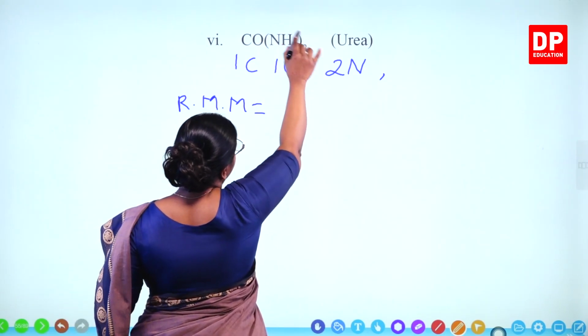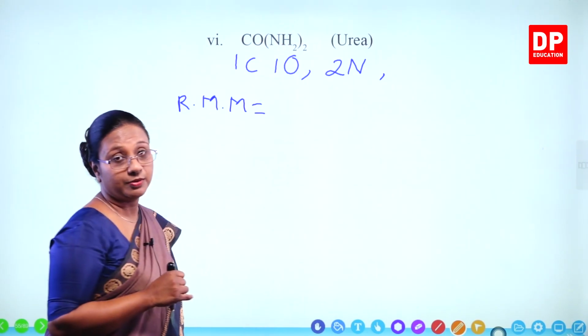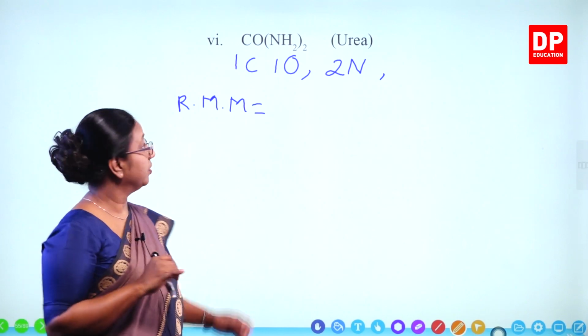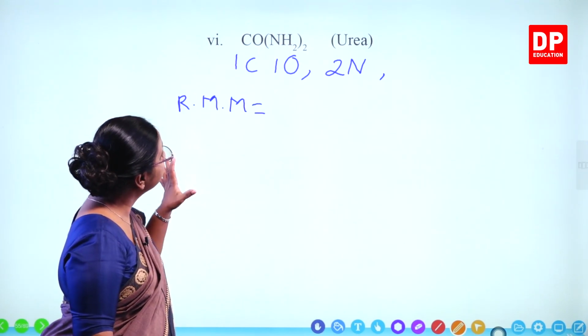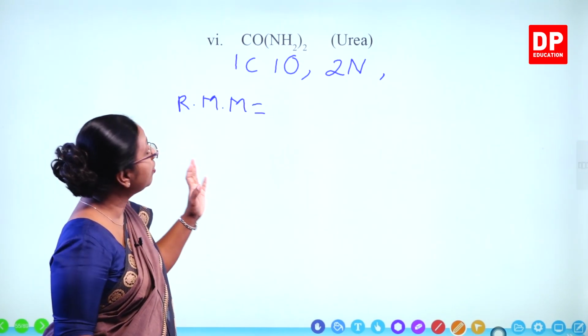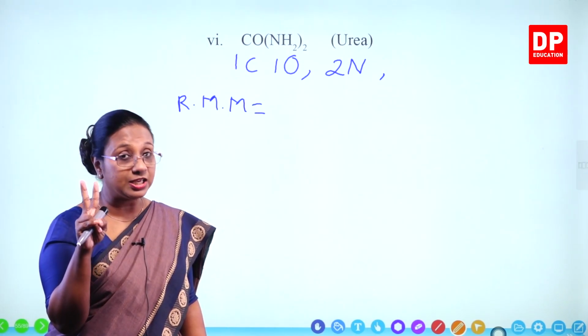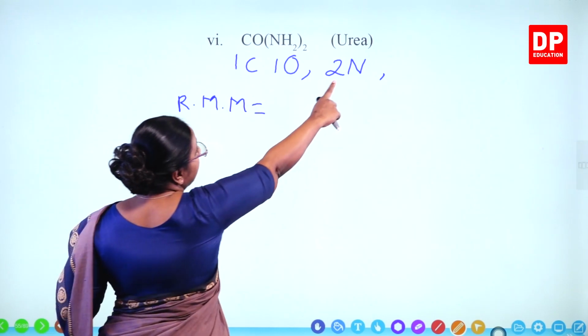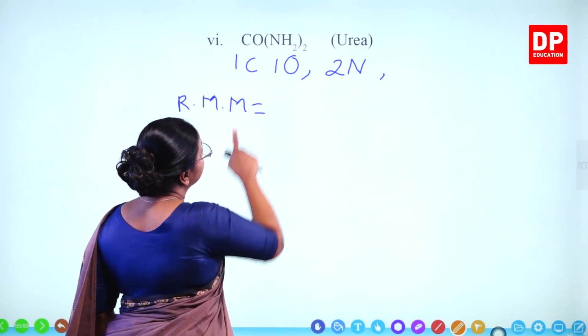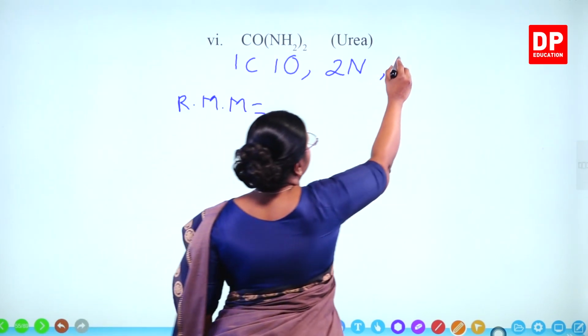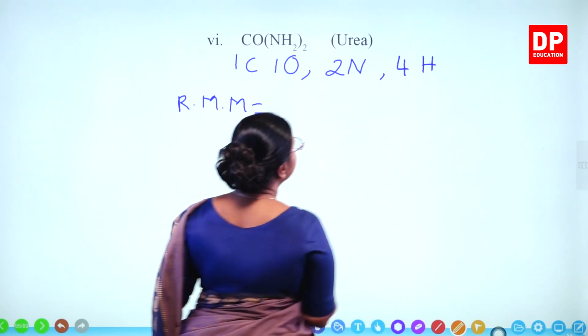Like that, there are 2 molecules. That is what is important. When you are given a formula like this, CO NH2 component is there twice, that you know. So there are 2 nitrogen atoms and 2 into 2, 4 hydrogen atoms.